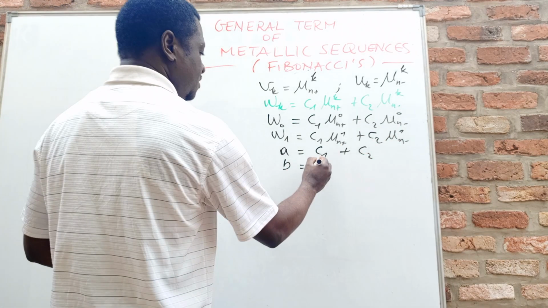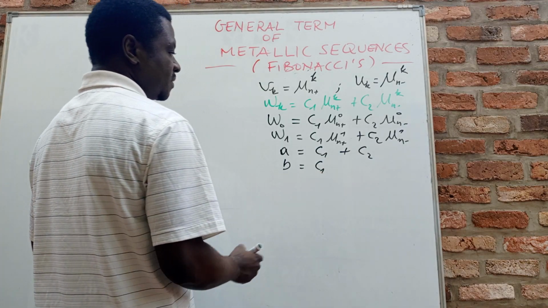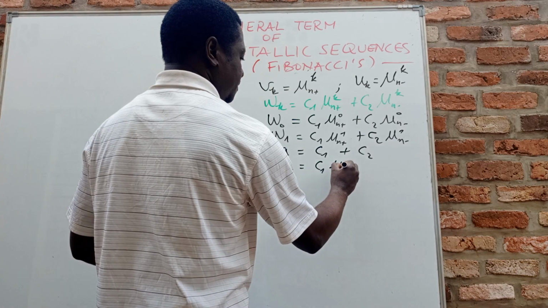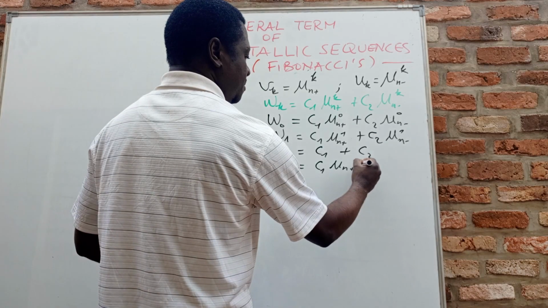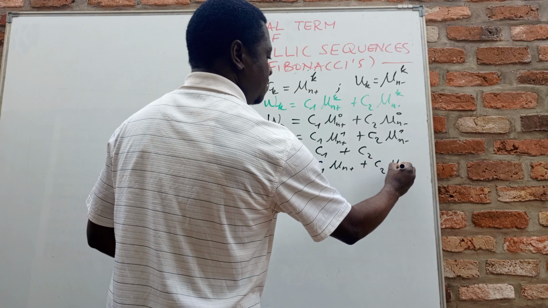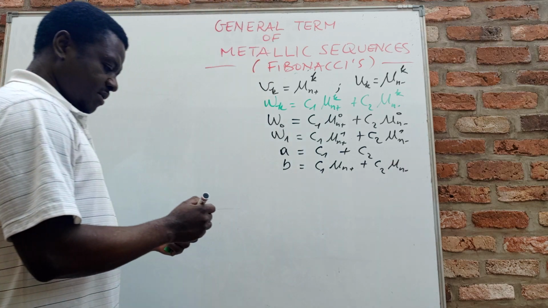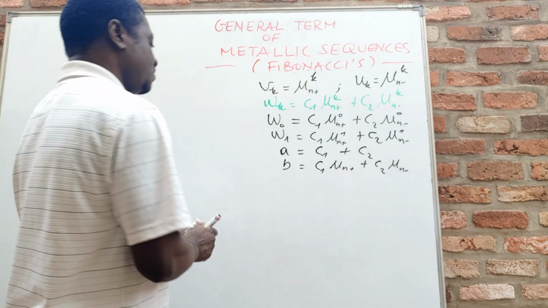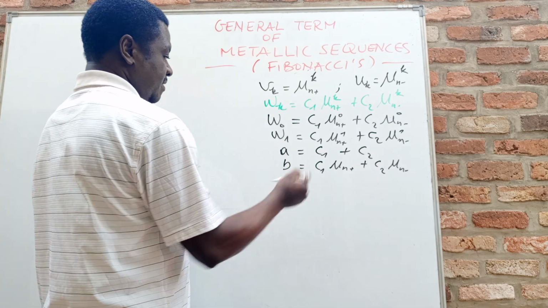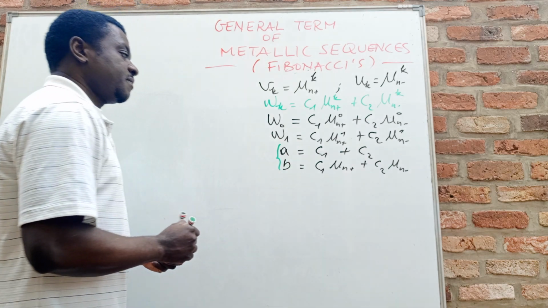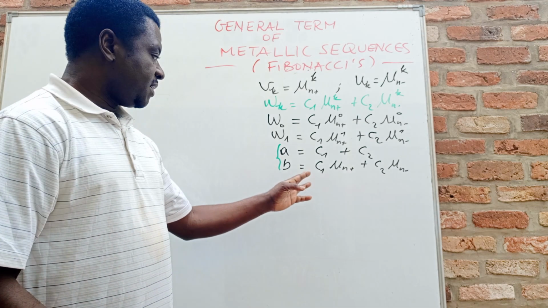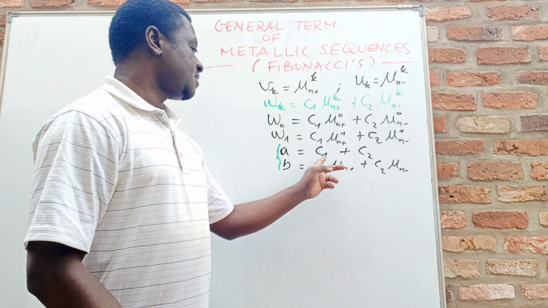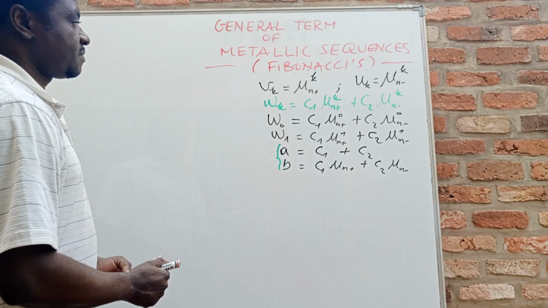Now we have C1 times mu_n plus, plus C2 times mu_n minus. So now we have to solve this system here. The system is linear in the coefficients C1 and C2.